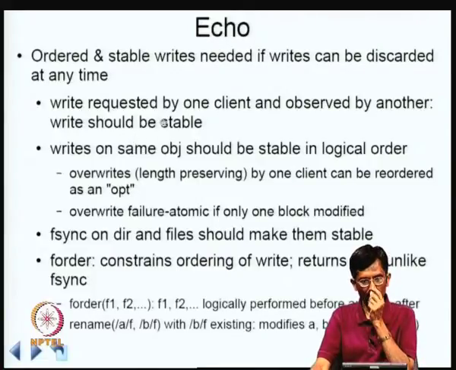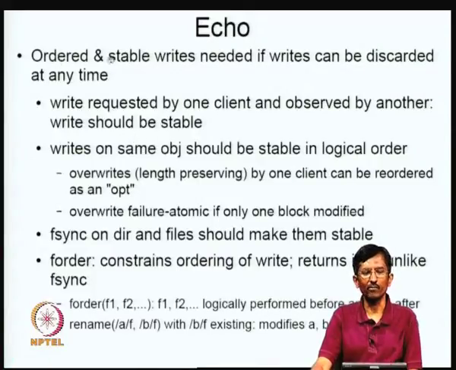So that is why I need to do ordering and ensure that a consistent way of flushing writes to stable storage has to happen. For example, these are some of the conditions that we have to satisfy. A write requested by one client and observed by another. Basically, if it has already been observed by another, that means it has to be stable.